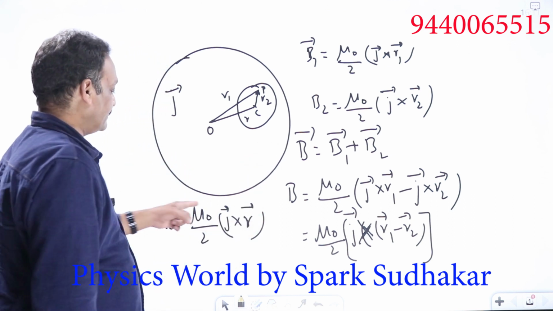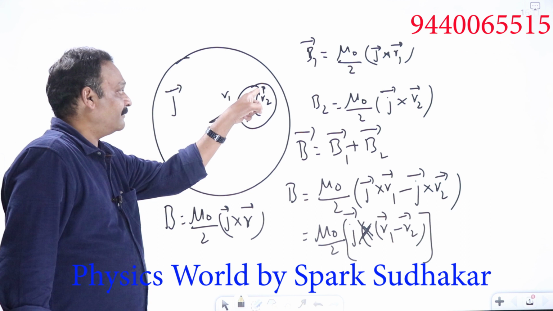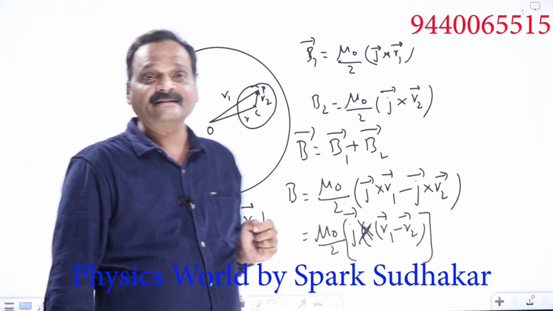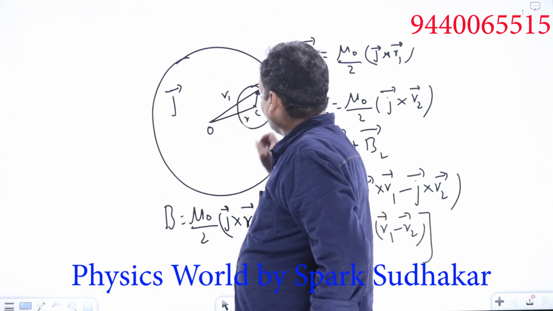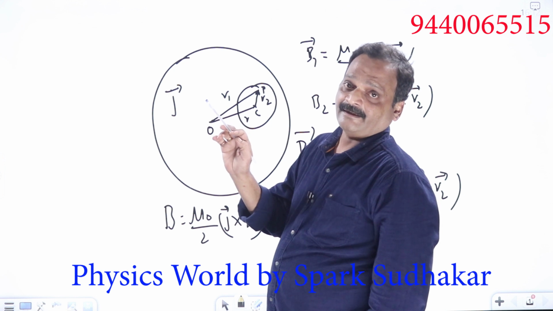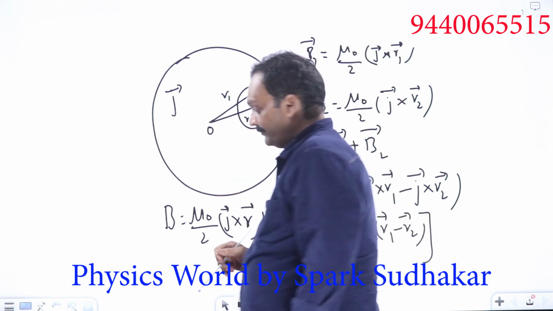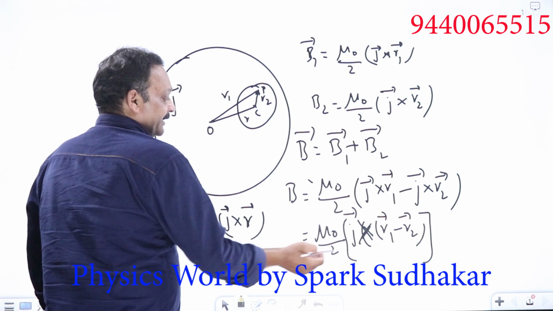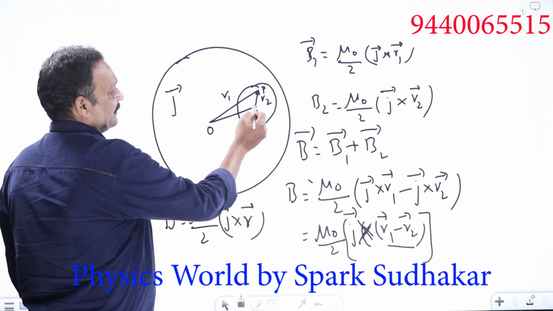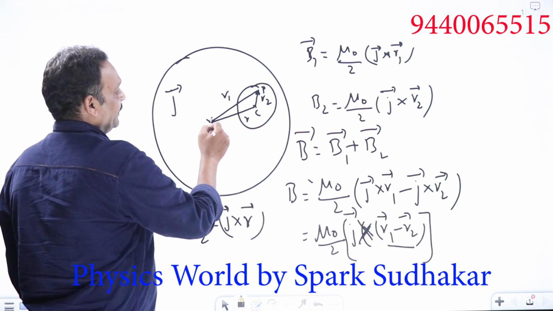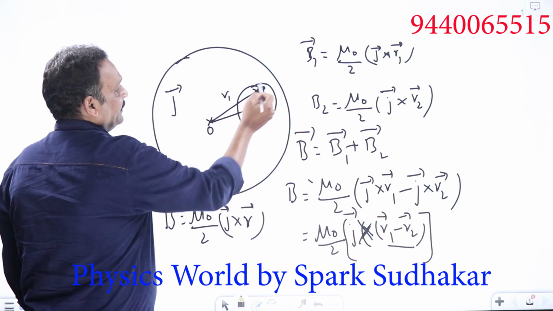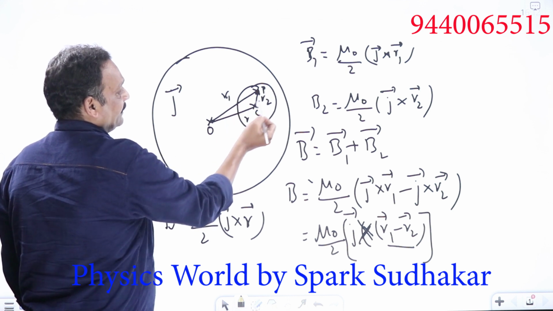This is the resultant field at a point P inside the hole. Now what can we conclude from this? This B inside the hole will be uniform everywhere. Why? It depends on R1 minus R2, which is a constant R, the distance between point O and point C. If you put the point P here, this is R1, this is R2, so R equals R1 minus R2.